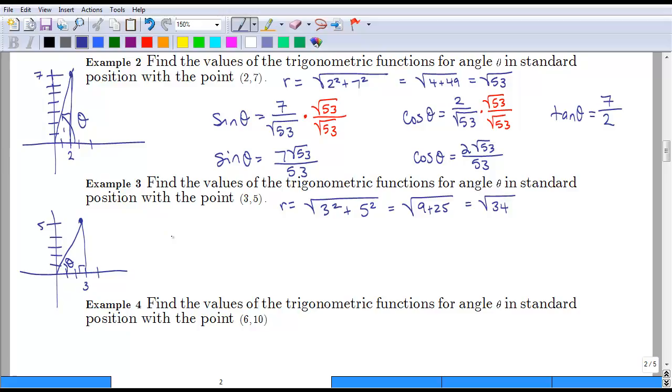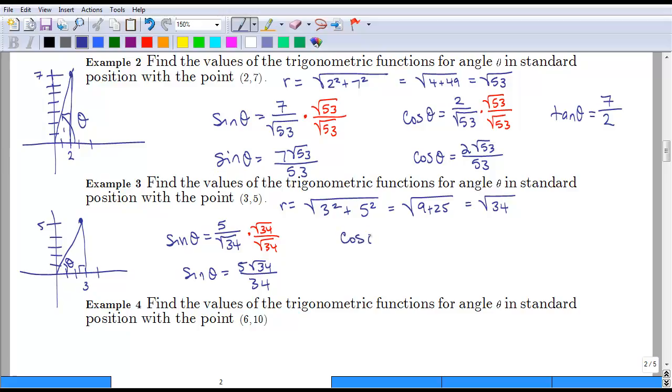So in this case, sine of theta, again, is going to be your y value, so 5 over your r you just found, the square root of 34. Again, we need to rationalize that, so we're going to multiply by the square root of 34 over the square root of 34. And we are left with the sine of theta is 5 root 34 divided by 34.